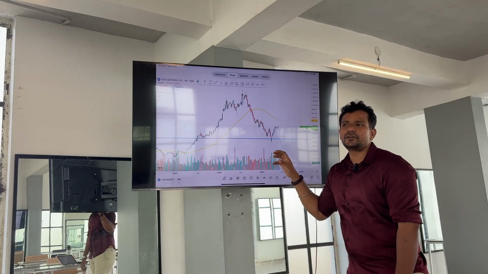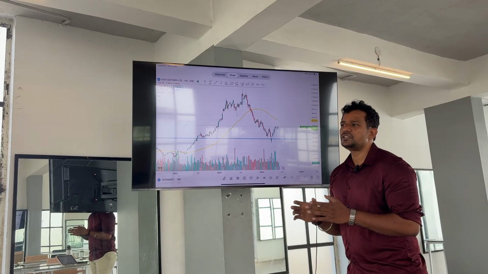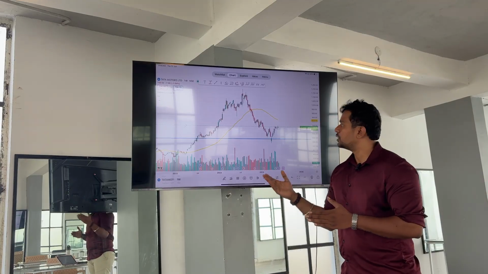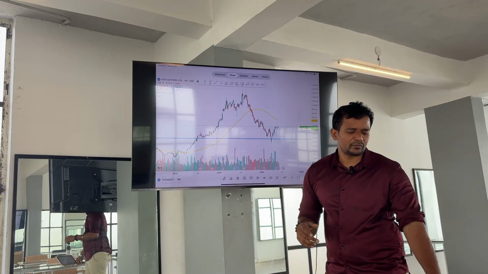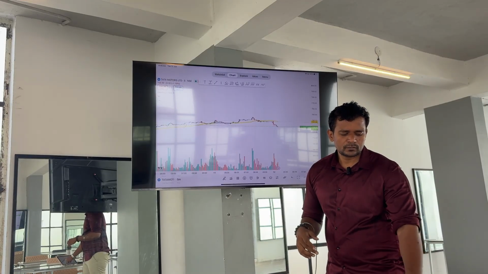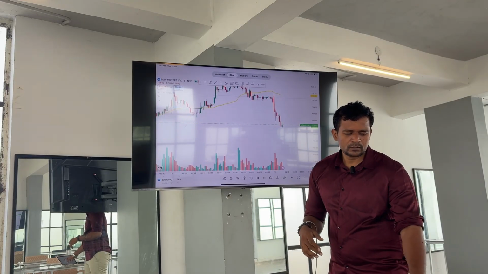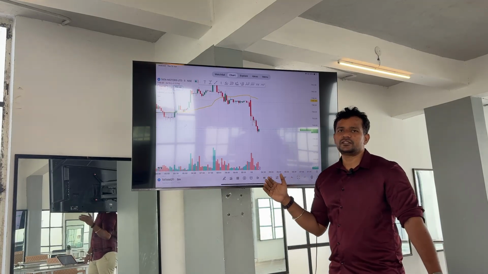This is the longer time frame of the Tata Motors stock. On a longer time frame, we see that the market is totally going up. On a shorter time frame, if we had to take a trade, then we have to wait for the right signal.